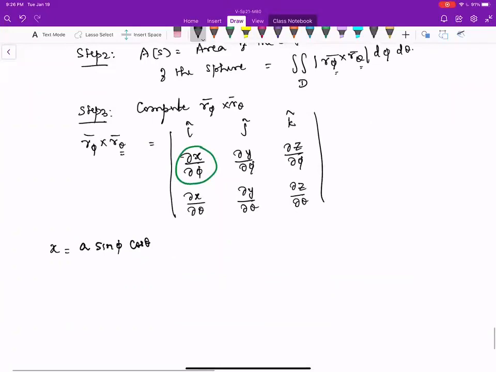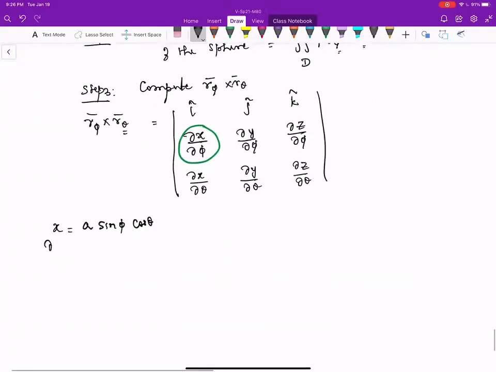We are differentiating this partially with respect to phi. So a cosine theta is constant, and we differentiate sine phi with respect to phi, which will be cosine phi.